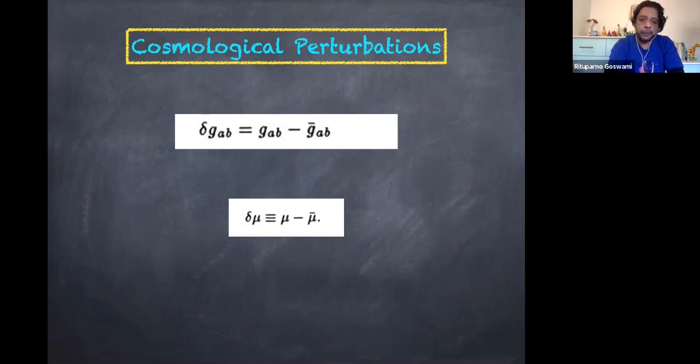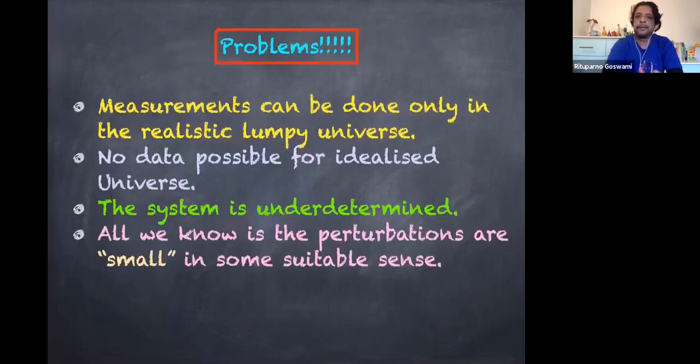Okay, so far so good, but as soon as we define our perturbation theory in the usual sense like this, we come into problems. What are the problems? The problem is that measurements can only be done in our realistic universe.